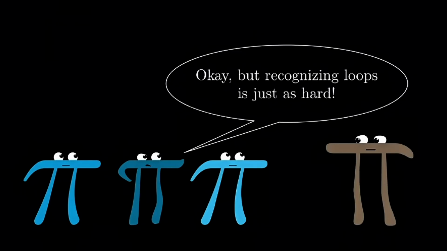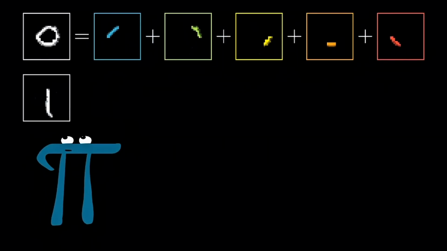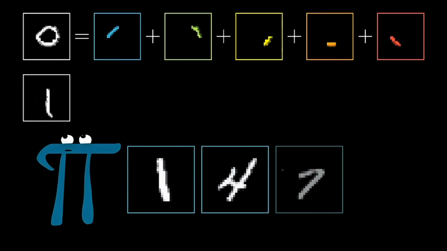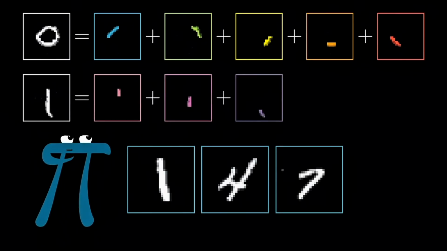Recognizing a loop can also break down into subproblems. One reasonable way to do this would be to first recognize the various little edges that make it up. Similarly, a long line, like the kind you might see in the digits 1 or 4 or 7, well, that's really just a long edge, or maybe you think of it as a certain pattern of several smaller edges.